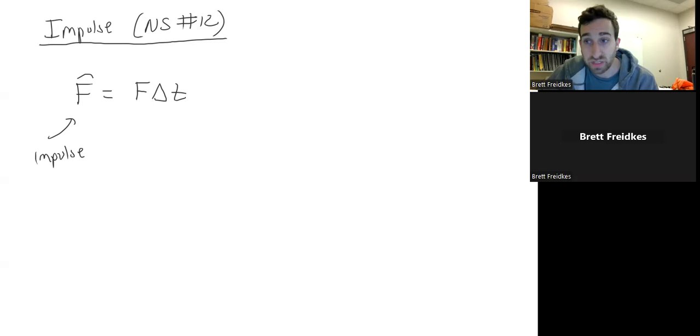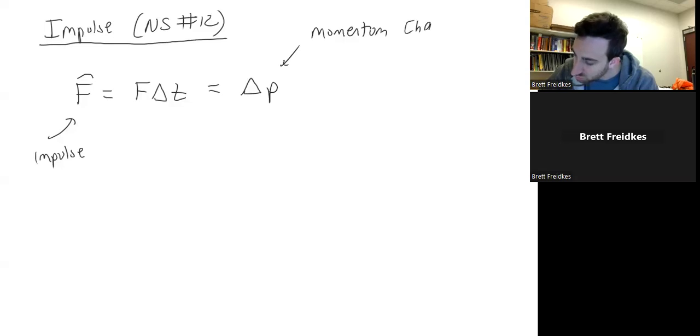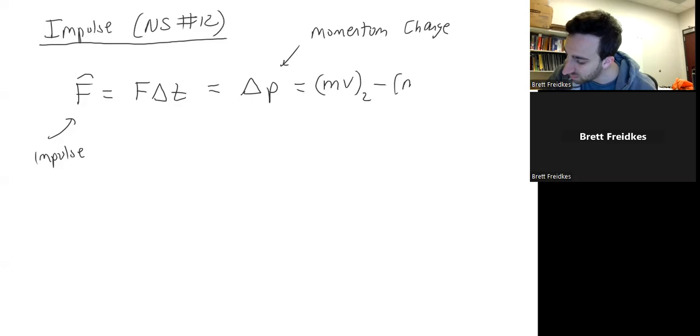And what we learned from class is that this is also equal to the change in momentum. And we know that momentum is going to be something like mv at some instant in time, minus mv at some other instant in time that happened before a collision, let's say.